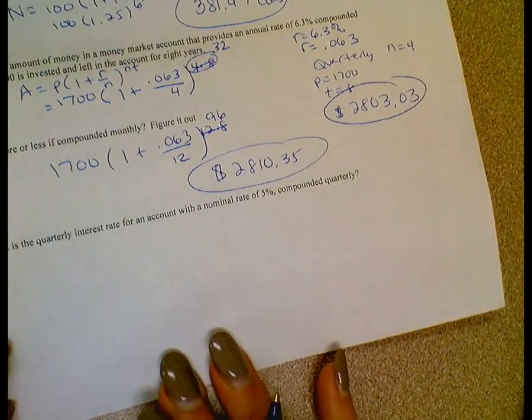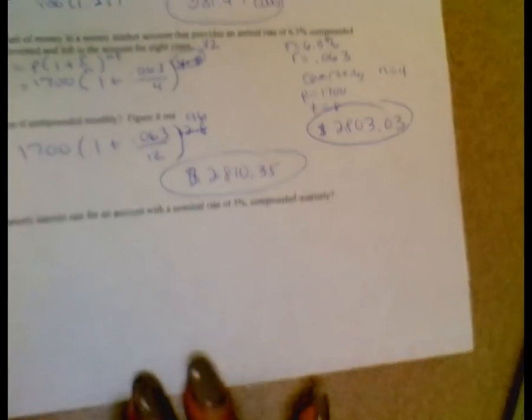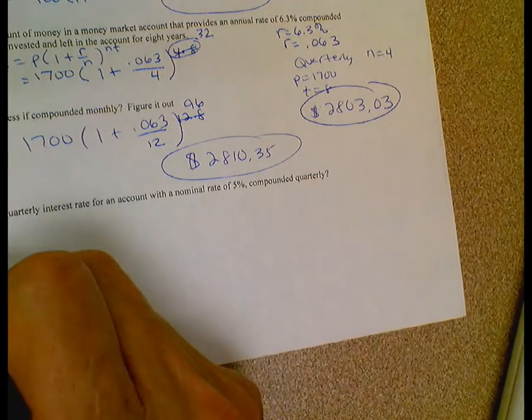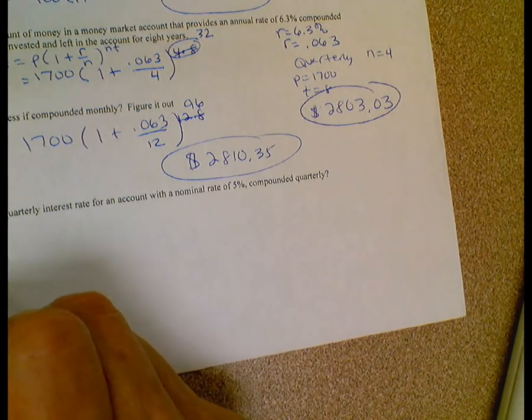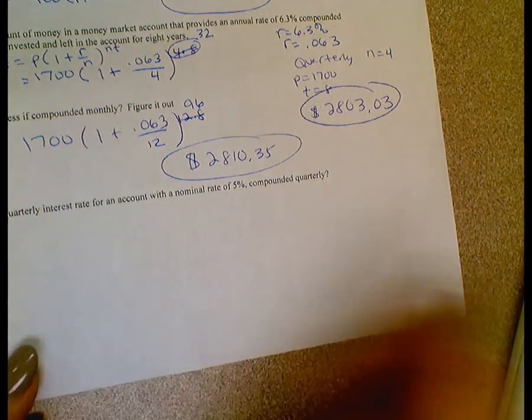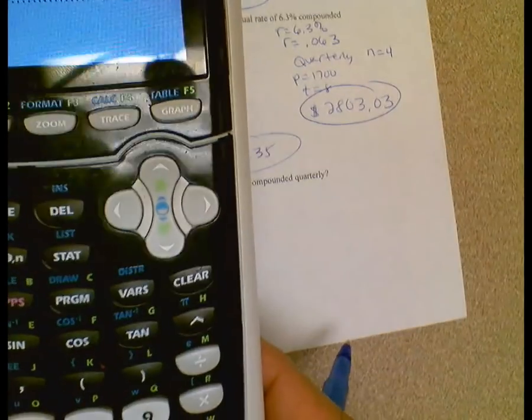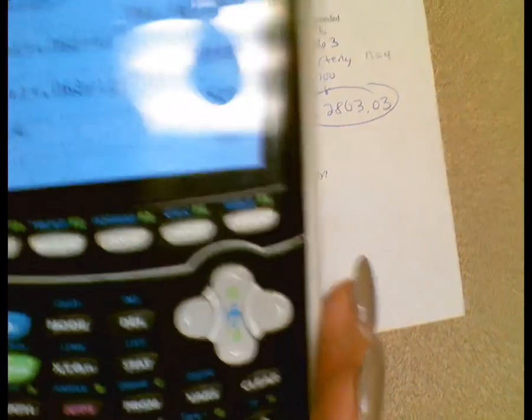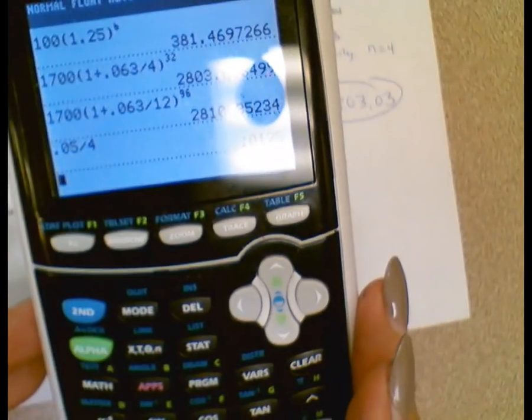What is the quarterly interest rate for an account with a nominal rate of 5% compounded quarterly? So you take the 5% and then divide it by 4 because it's quarterly. So your rate is 0.0125, which is like 1.25%.